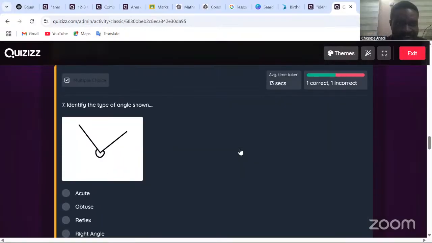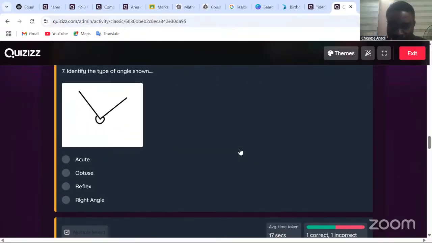So what about number 7? What type of angle is this? Obtuse? No. Remember, it can be an obtuse angle, but what type of angle is greater than 180 but less than 360?